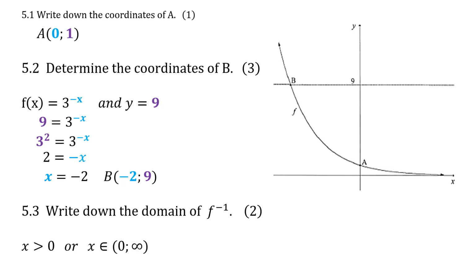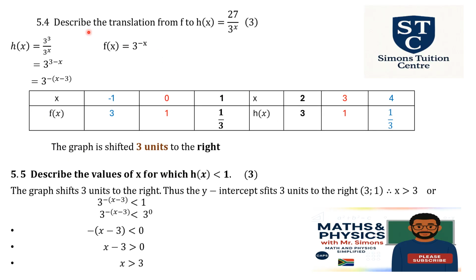Next question. Describe the translation from f to h of x if h of x equals 27 over 3 to the x. h of x equals 27, which is 3 to the power 3, over 3 to the power x. We know f of x was 3 to the negative x. That becomes 3 to the 3 minus x according to the second law of exponents.